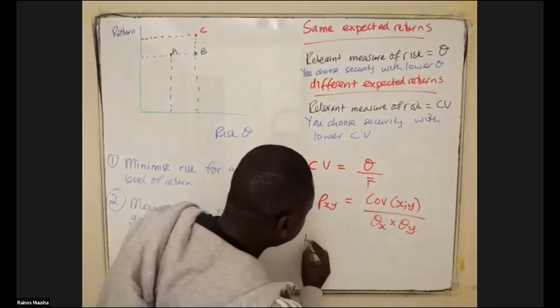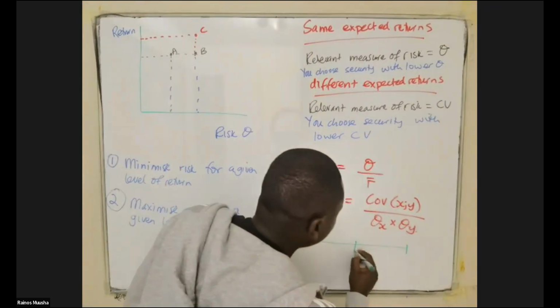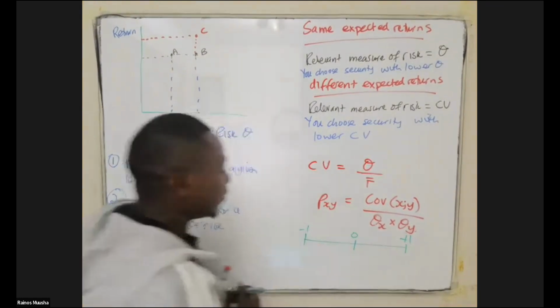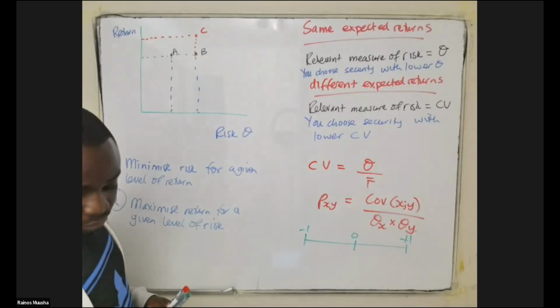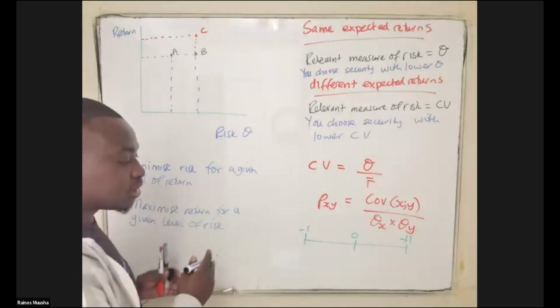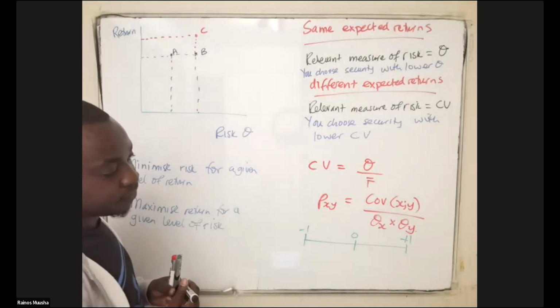Your correlation coefficient is always going to be found between -1 and +1.